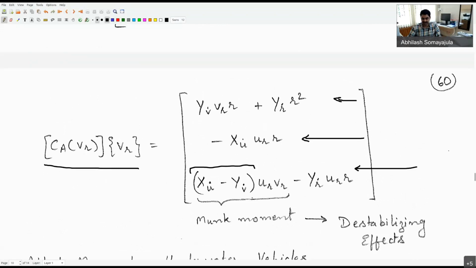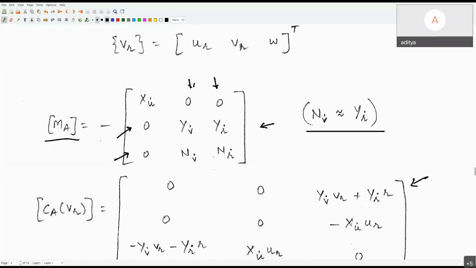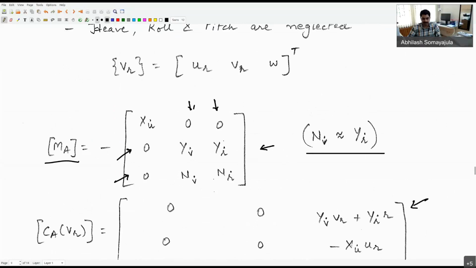Sir, I don't understand physically what is meant by coupling of two modes of motion. So physically, how do they? Okay, so suppose I am having a term here. What does this term represent?